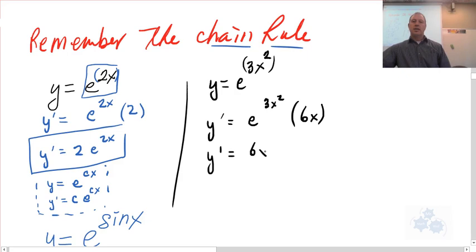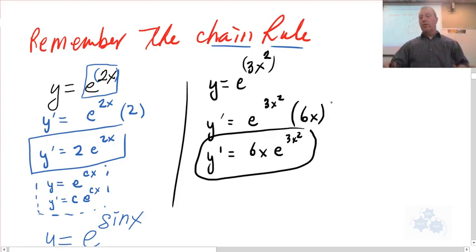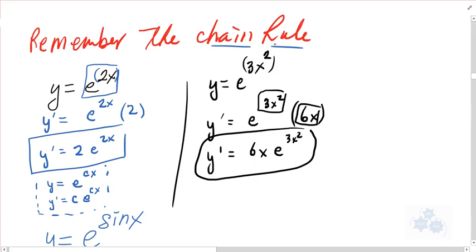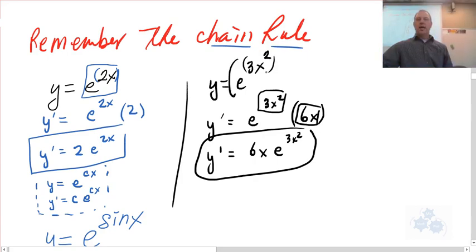That's it. So 6x times e to the 3x squared. That's your answer. Okay, so just remember the chain rule, and finding the derivative is actually pretty easy. A good point is, don't take the derivative of the outside function and the inside function at the same time. Make sure you split that into two parts. So, yeah. Good. Any other questions you might have?